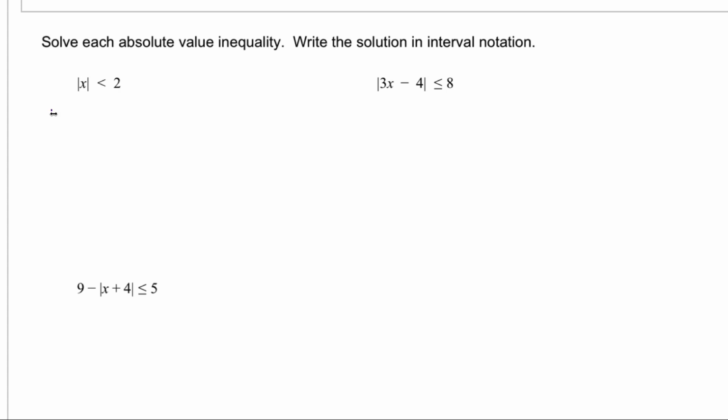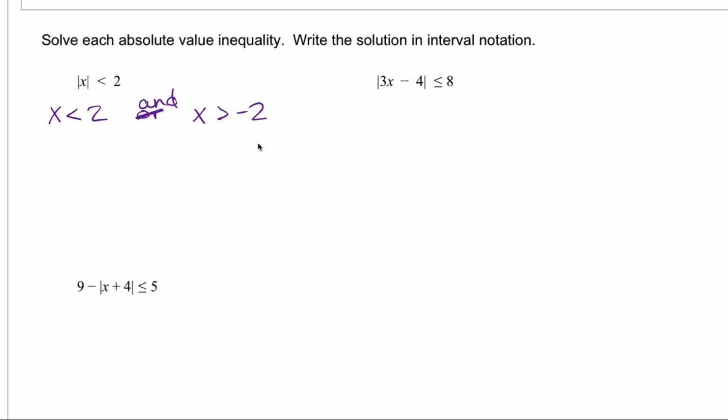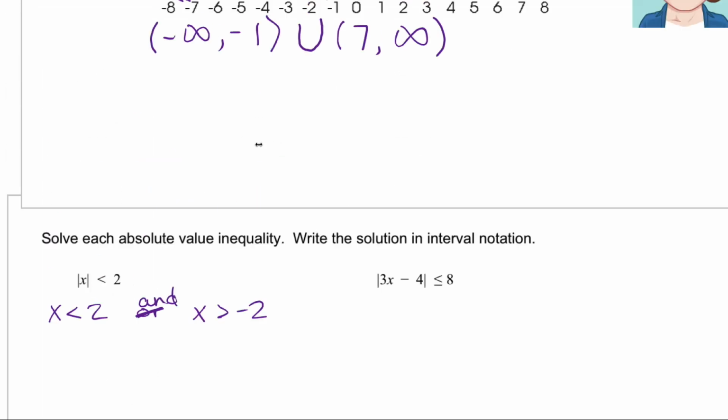So here we can split this into x is less than +2, not or, this is and, x is greater than -2. Now, why did I do that? Why do I know that that's and, not or?